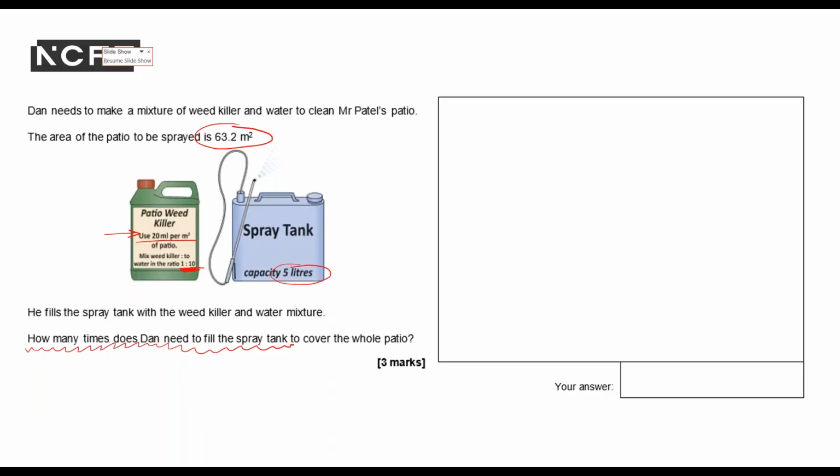Because again, if I get anything wrong, at least I'm putting in the steps that I'm doing. So I'm going to do 63.2 times 20. And if I go to my calculator, that gives me 1,264 milliliters.